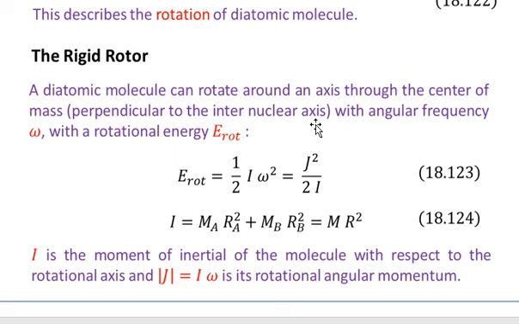So a diatomic molecule can rotate around an axis through the center of mass, perpendicular to the internuclear axis, with the angular frequency omega, and with a rotational energy E rot.